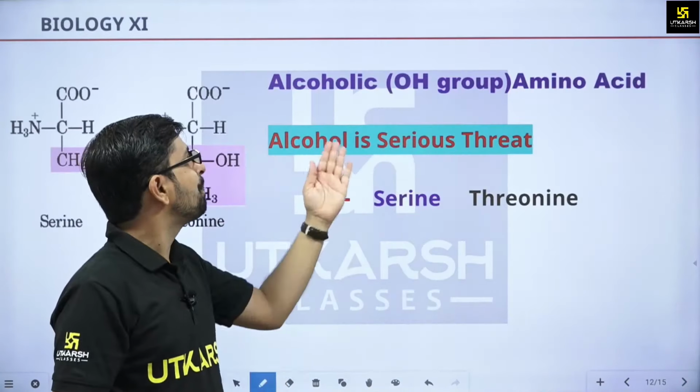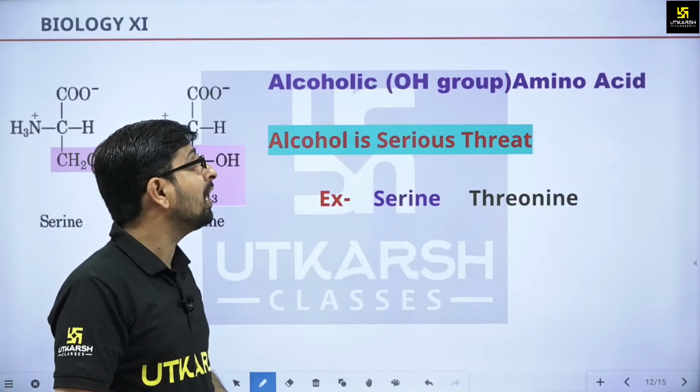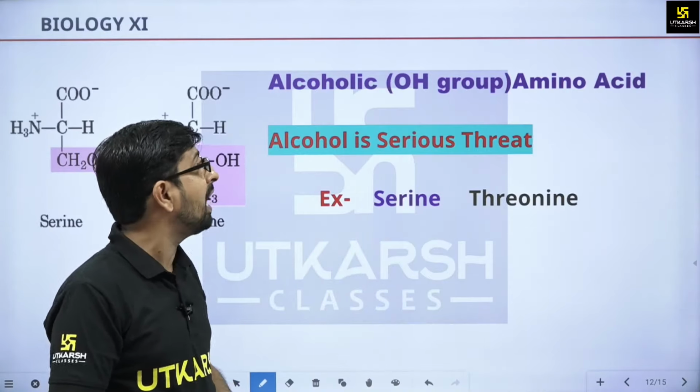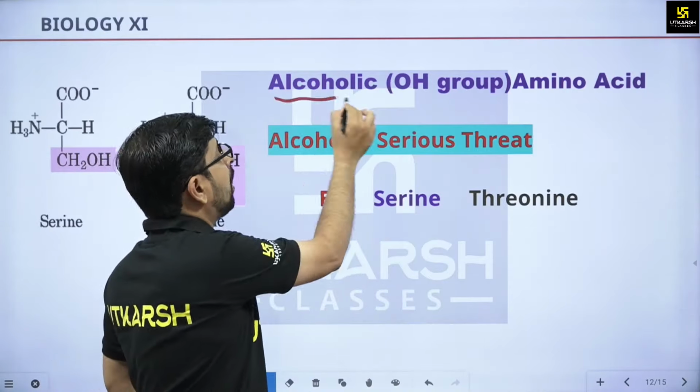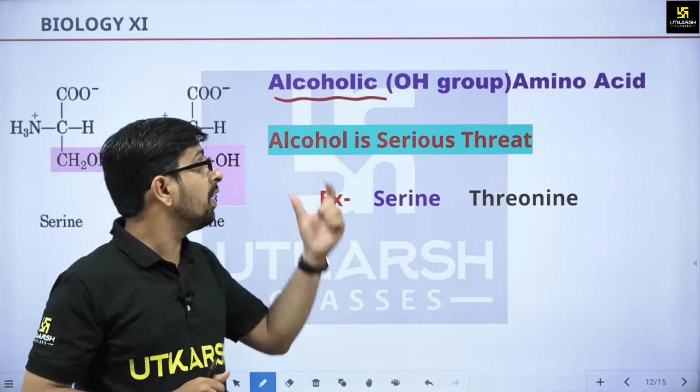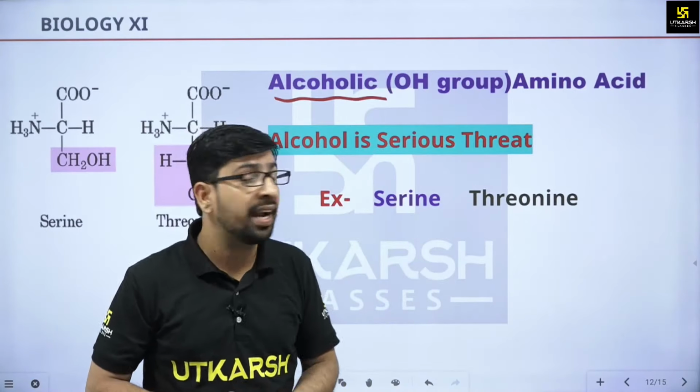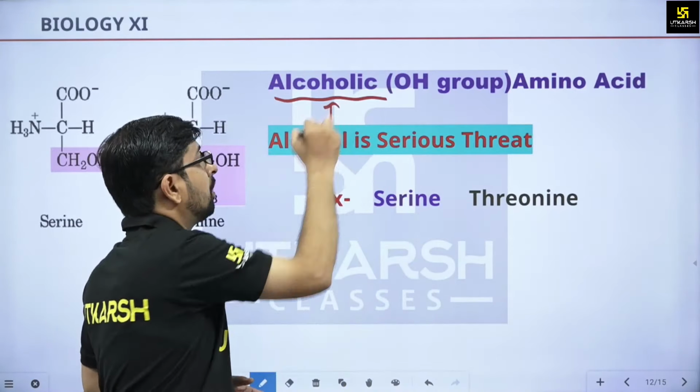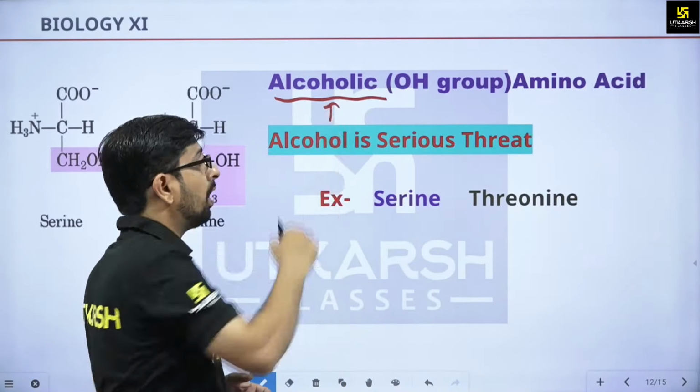Now, the important topic, alcoholic OH group amino acids. The simple mnemonic is: alcohol is serious threat. Alcoholic group, serious: serine; threat: threonine.